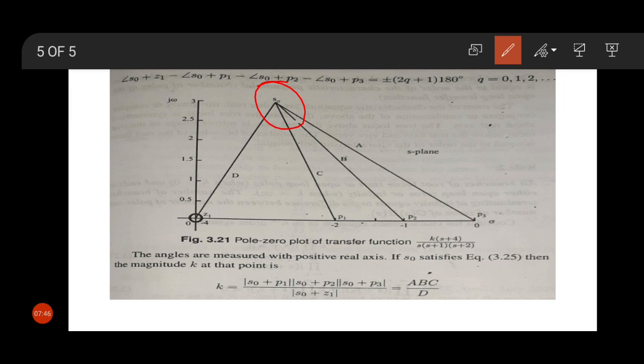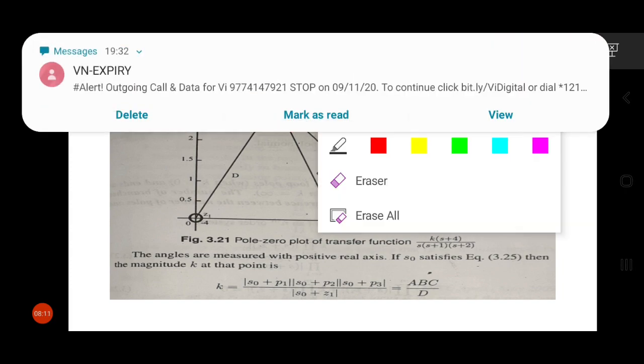Because in our transfer function there is one zero and three poles, the angle criteria is: angle of (S0 plus Z1) minus angle of (S0 plus P1) minus angle of (S0 plus P2) minus angle of (S0 plus P3) equals plus or minus (2q plus 1) times 180 degrees, where q equals 0, 1, 2, 3 and so on.